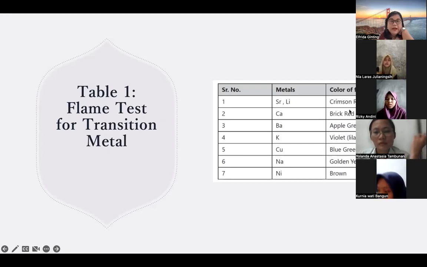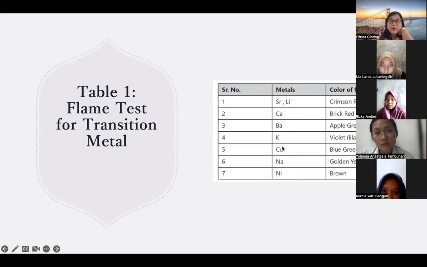If we have barium, the color will be apple green. If you go to the supermarket, there are many types of apple, including green apple, right? So if you flame test barium, the color will be apple green. Now, if we have potassium, the color will be violet, lilac.